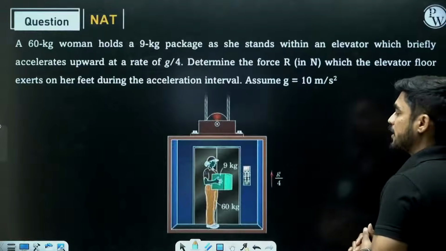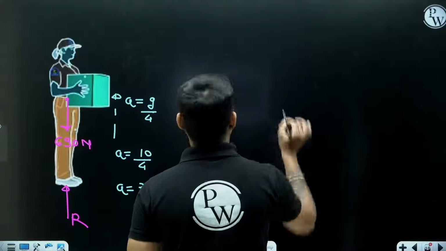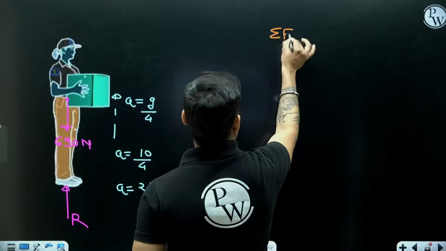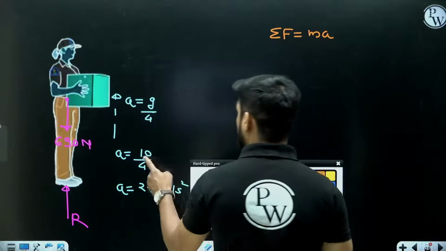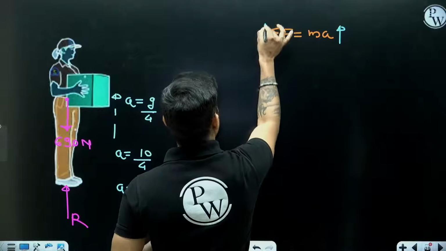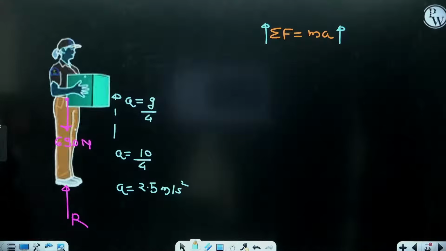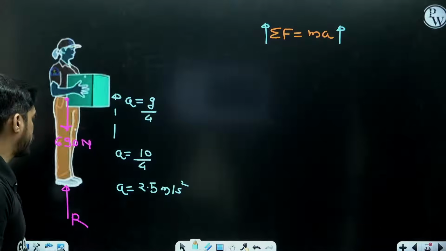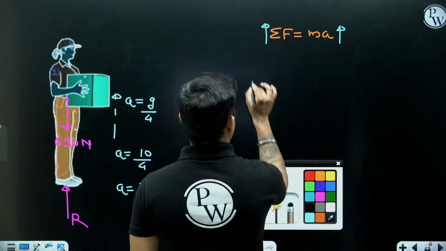Now what do you need to calculate? You need to calculate R. So you can apply D'Alembert's method or Newton's second law, summation of F equals to ma. Now here your a is upward, vertically upward. So your net force must also be vertically upward. So what will be the net force in the direction of motion? R minus 690.